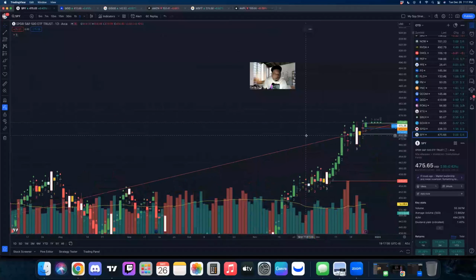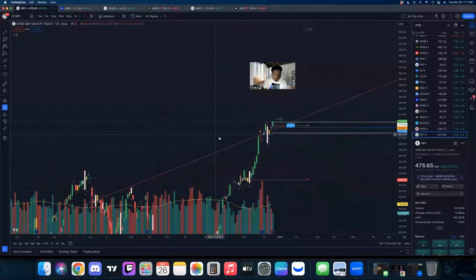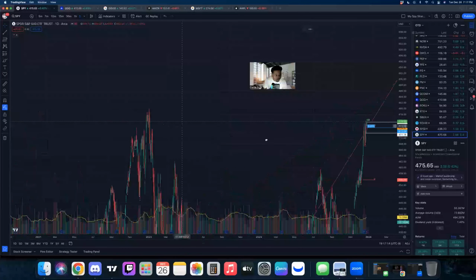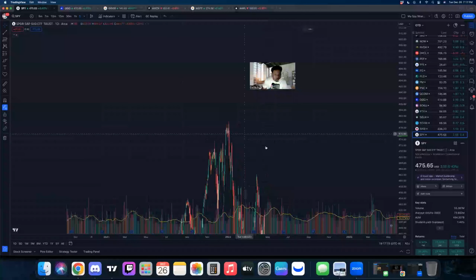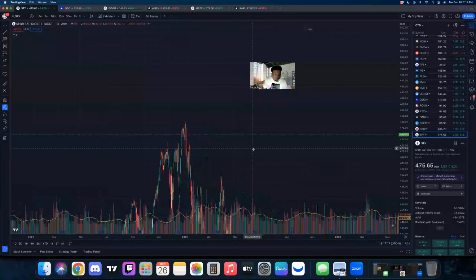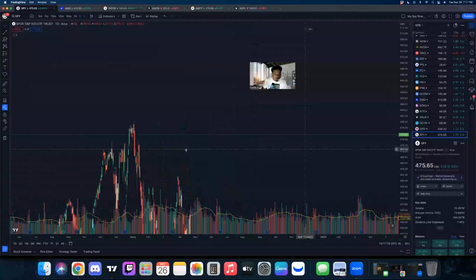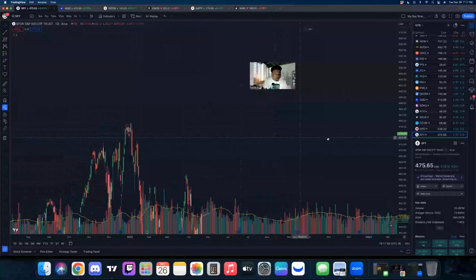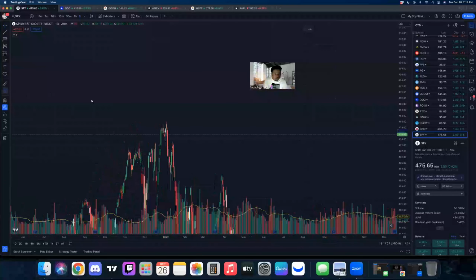SPY. All right, so here we are right now with SPY. Let's just get used to using this magnifying glass. Boom.